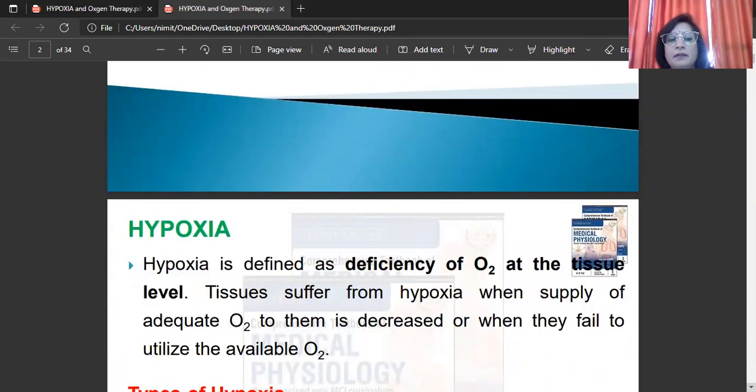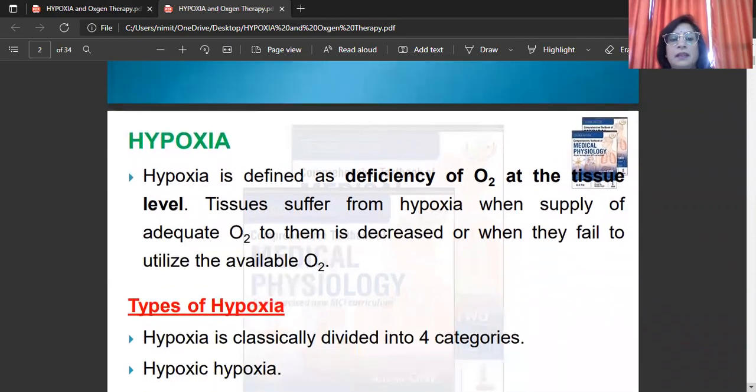So, hypoxia is defined as deficiency of oxygen at the tissue level. This is important: deficiency of oxygen is at tissue level. Okay?